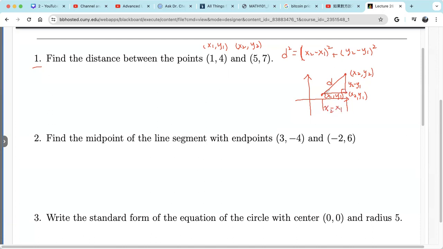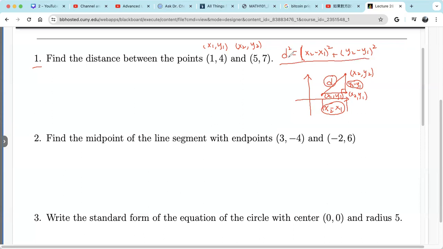The triangle has 2 legs: the horizontal leg has length x2 minus x1, and the vertical length is y2 minus y1. By the Pythagorean theorem, this leg squared plus this leg squared equals the hypotenuse squared.